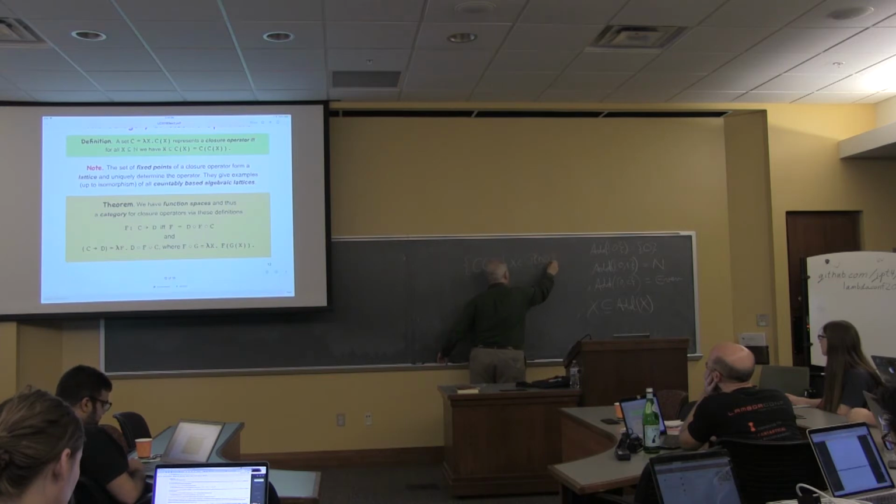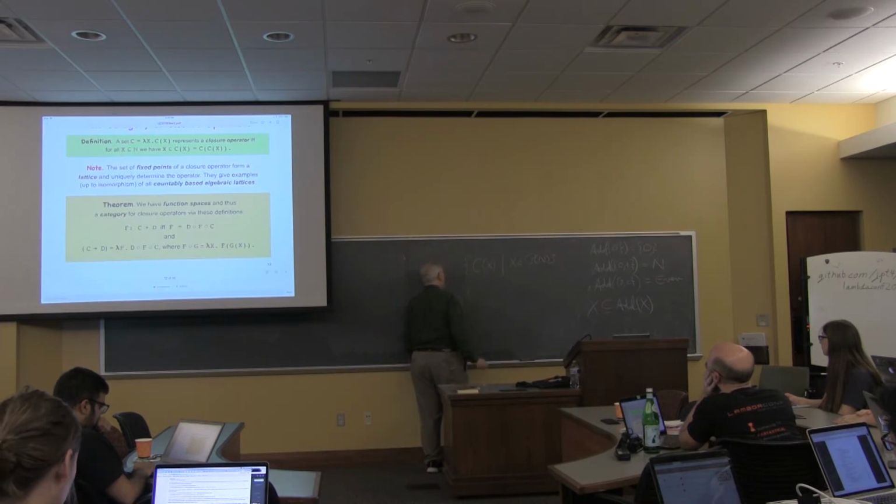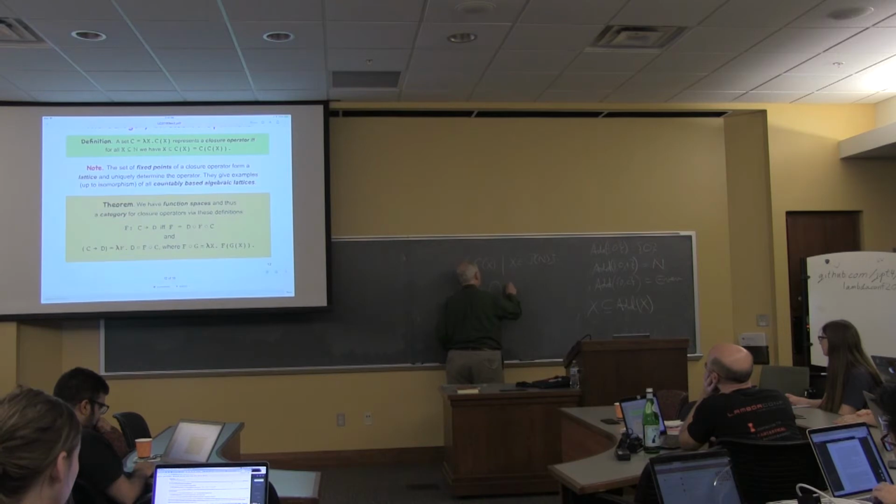Okay, so this is the range of the closure operator, and we're thinking of it as a subspace there. But the range of a closure operator already determines the closure operator, because for every set y here, the closure of y turns out to be the intersection of all the closed sets where y is contained within the closed set.